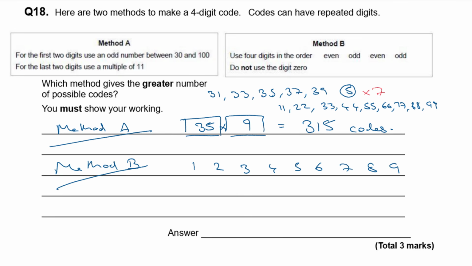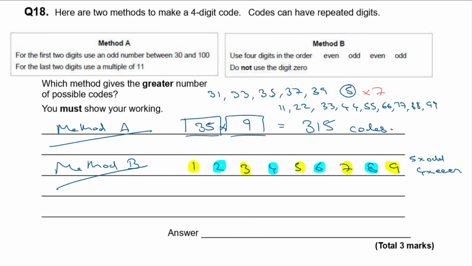Can't use 0. So the odd numbers, 1, 2, 3, 4, 5 of those, and even numbers, 1, 2, 3, 4 of those. So I got 4 even and 5 odds.